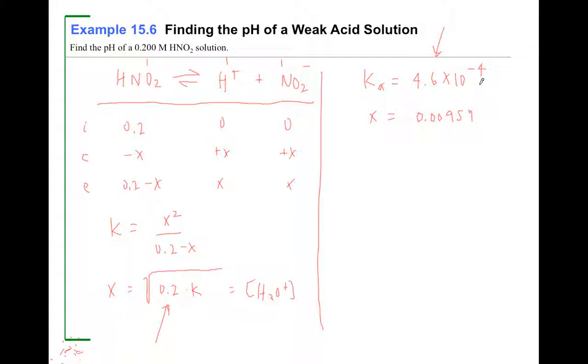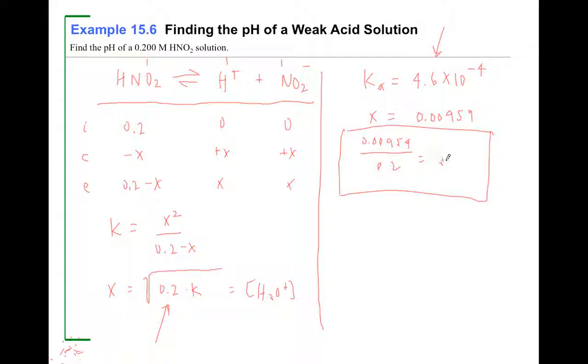0.00959. And here's the question now. Remember the x is small approximation. Let's check that, okay? Check it here in a box to keep things clean. 0.00959 over 0.2, divide that by 0.2, times 100, because we're looking for a percent, right?